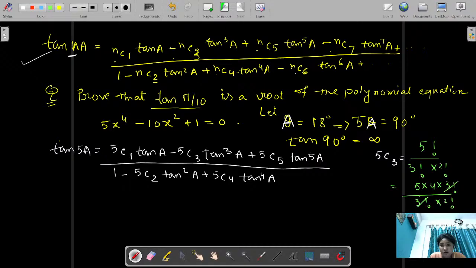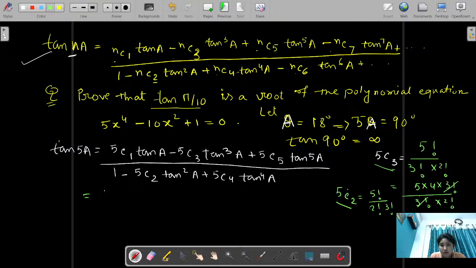This is 20 by 2, which equals 10. And you know by the property, if 5C3 is 10, then 5C2 is also 10, right? You can calculate also, 5C2 is factorial 5 divided by factorial 2 into factorial 3. So 5C3 and 5C2 are the same, and the value is 10.